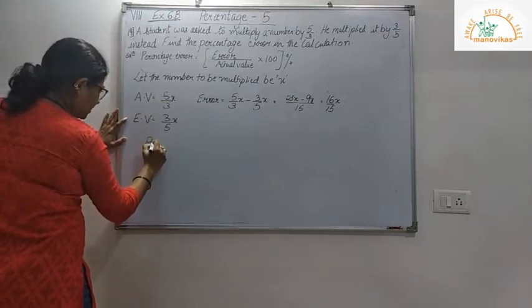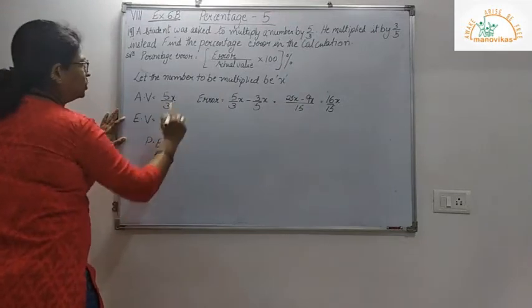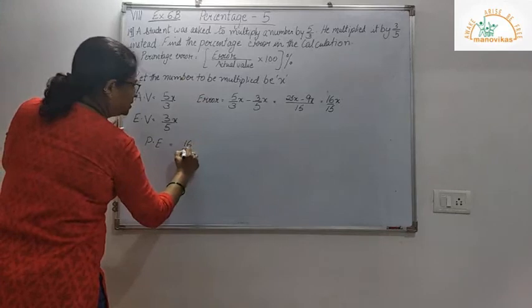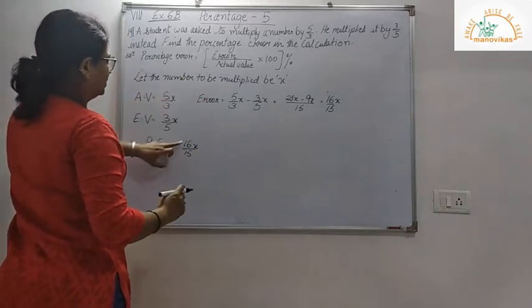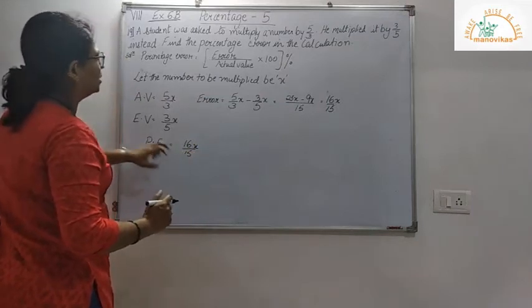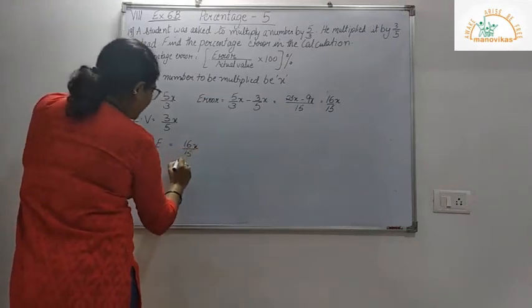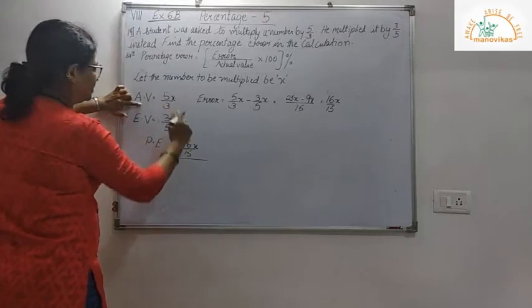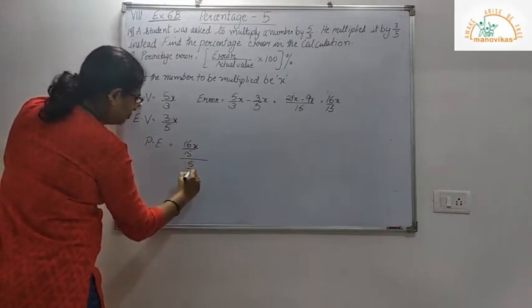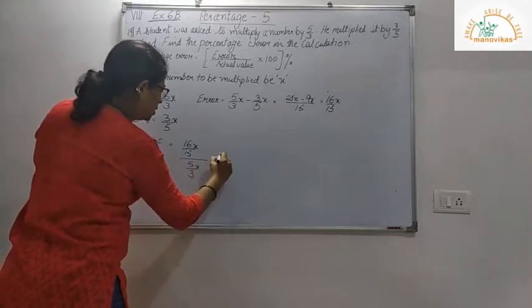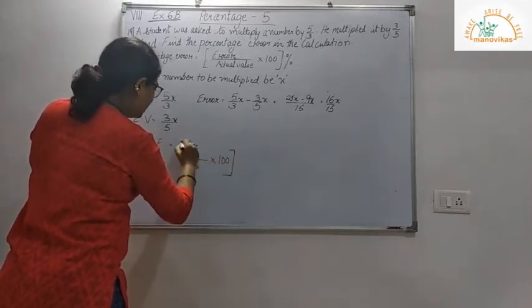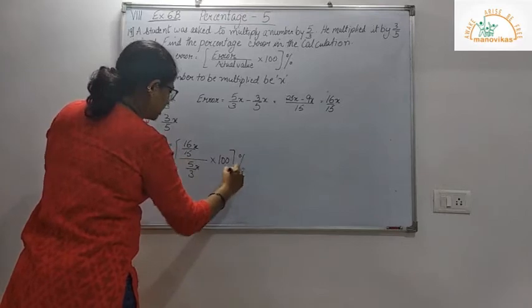So I have percentage error is equal to error, that is 16x upon 15, then my actual value, that is 5x divided by 3, into 100 and my percentage sign.